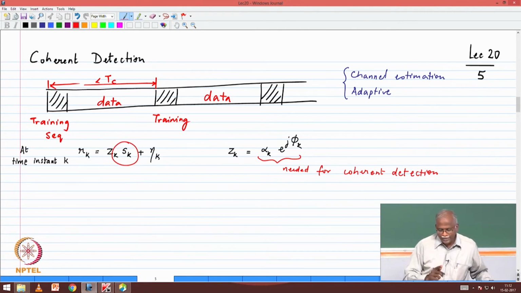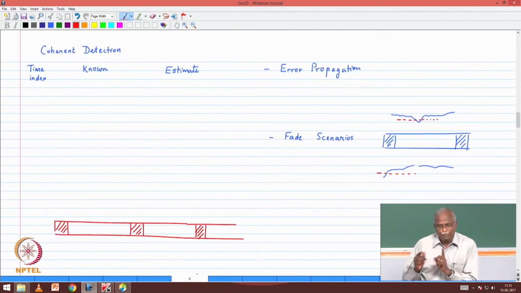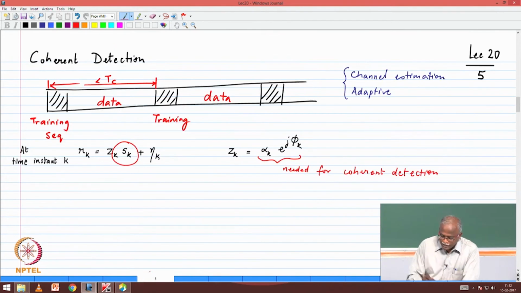Now, I would also like to tell you how coherent detection is actually carried out. It is carried out as a two-step process. The first step, step 1, is called channel estimation.